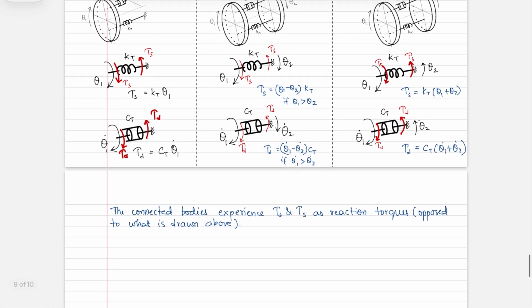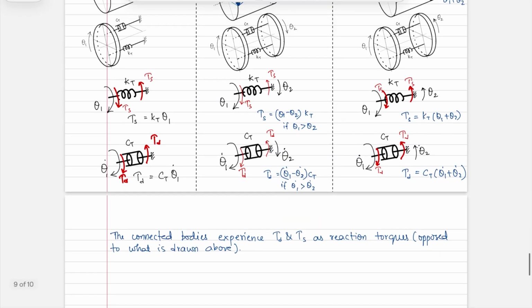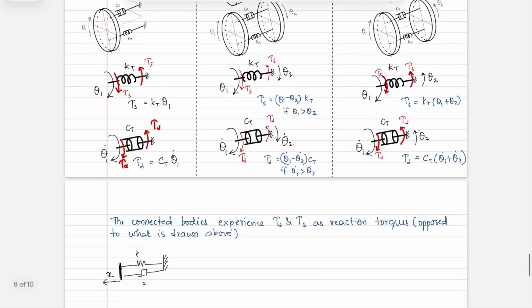So as I mentioned, we can consider this as just an extension of the previously discussed idea with linear springs and dampers. For case 1, it's like you have a spring and a damper, and one end is moving by some x, and the other end is fixed.